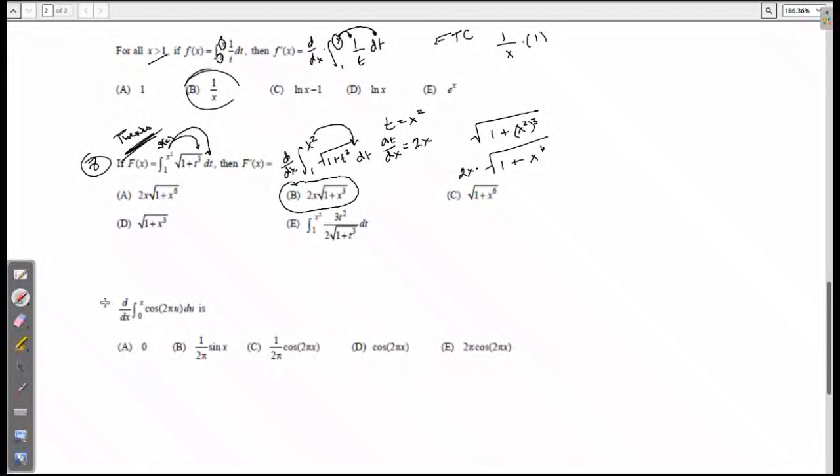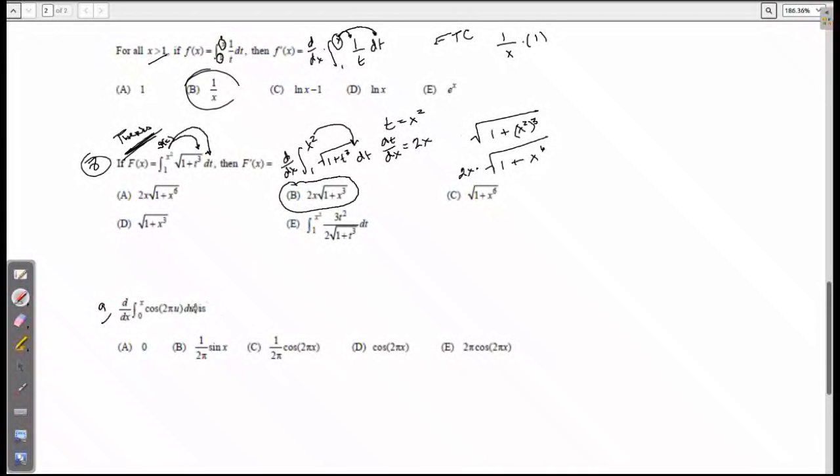And the last problem I have here is very straightforward, but the reason I have it is because it doesn't involve t. A lot of people get stuck thinking that a problem has to be in exact format, that the independent variable has to be t and my function that I'm substituting in has to be x, and it doesn't.